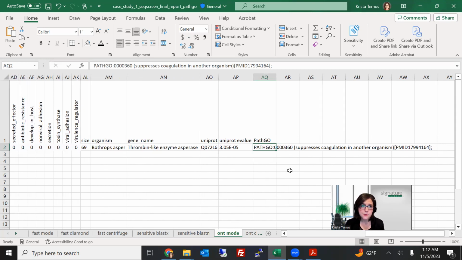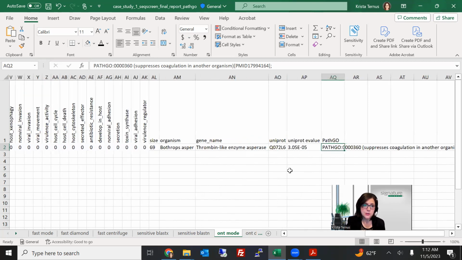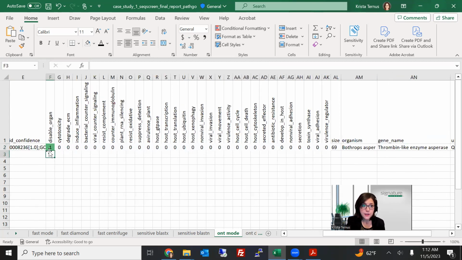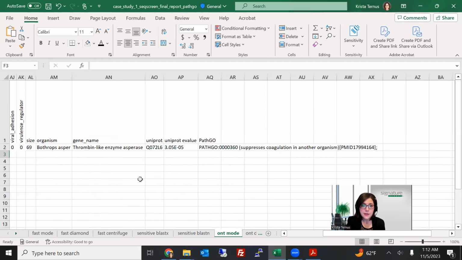So the FunSocs were assigned by machine learning, whereas a subject matter expert assigned the pathoterm suppresses coagulation in another organism. That subject matter expert biocurator also assigned a PubMed ID, which is a reference to a scientific publication where they provide functional evidence for why that particular pathogenic function was assigned to that protein.